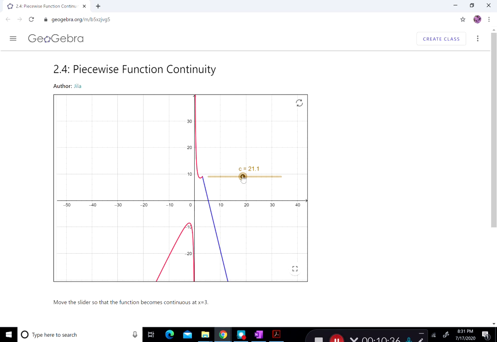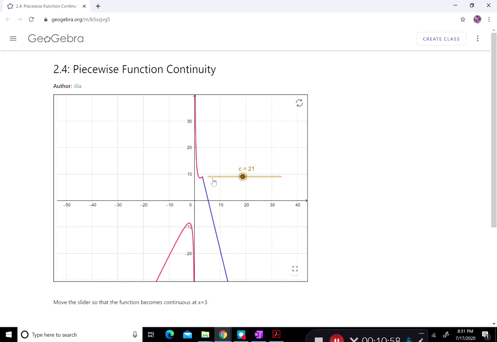We're trying to find the point where it becomes connected. I can't be quite precise, we'd have to make this a little bigger, but it's approximately around 21. Let's make sure that's the value.